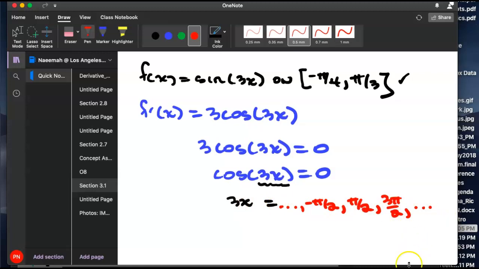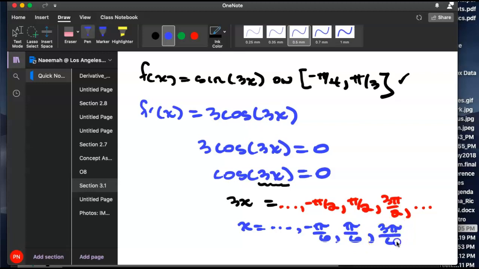The reason why I stopped is because we're on a closed interval from negative pi fourths to pi thirds. So if you divide by 3, you're going to get x to be a multiple of pi 6: this is going to be a positive pi 6, and this is going to be 3 pi over 6.